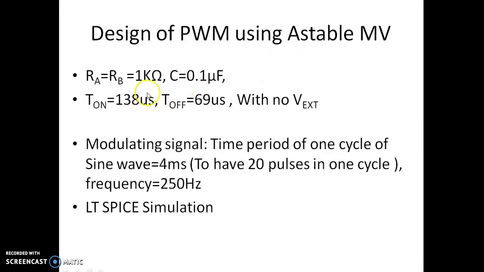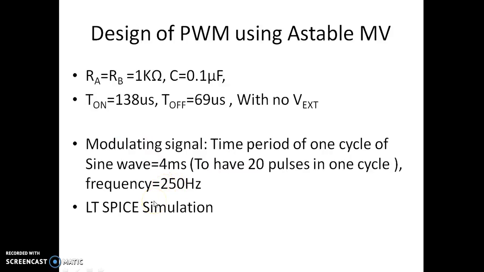Here we have a design with RA equal to 1K, RB equal to 1K, and C equal to 0.1 microfarad, and without any external voltage the on time happens to be 138 and the off time 69 microseconds. You can apply a modulating signal so that around 20 pulses of this on time and off time come within one cycle, so the frequency can be 50 Hertz.